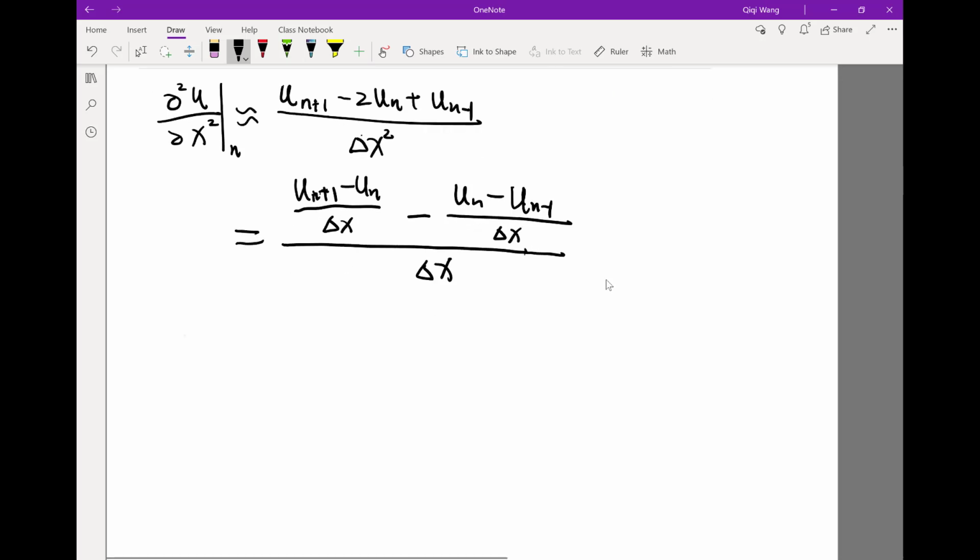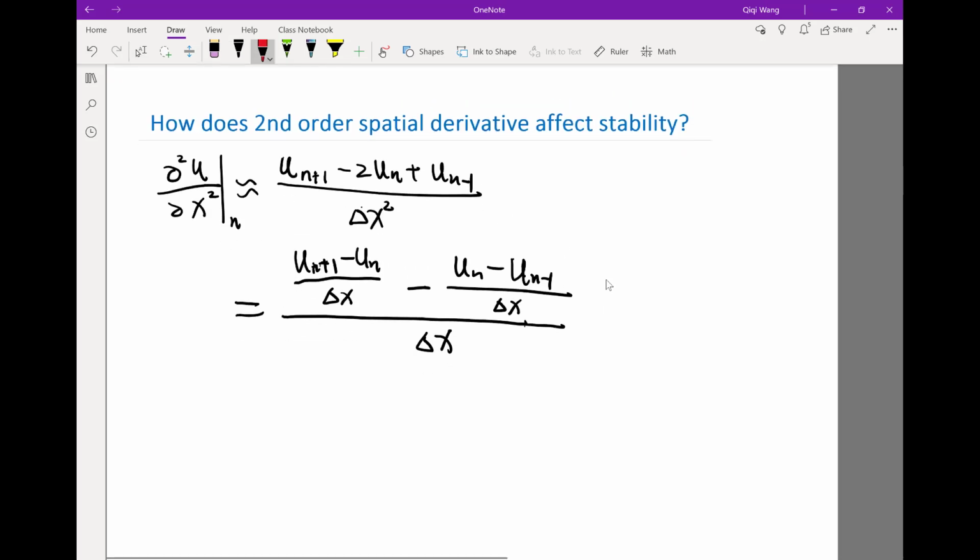If I draw a grid spacing here, this is my n, this is n minus 1, this is n plus 1, and I have a certain function, u as a function of x.